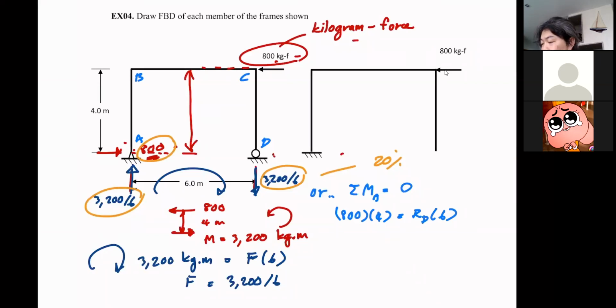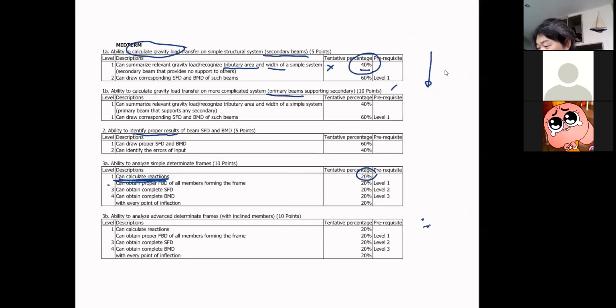Okay. Now, the next step is to obtain a proper free body diagram of all the members of the frame. That's another 20%, and that counts as your level 1. It's just the basic knowledge of the free body diagram.